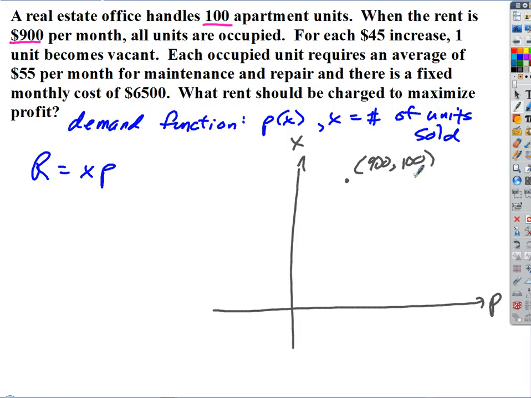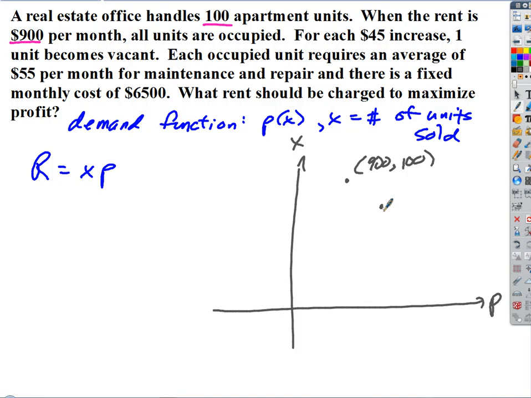Now I'm gonna skew this so we can see a little difference between the points, but if we increase the price by 45, the number goes down by 1. What's that sound like to you for a line? It's gonna go down, right? So if the price goes up, the number rented goes down.